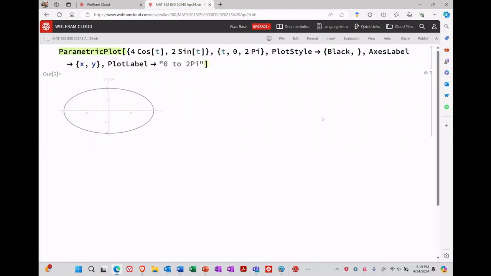And it goes under PlotStyle. The Arrowheads command.